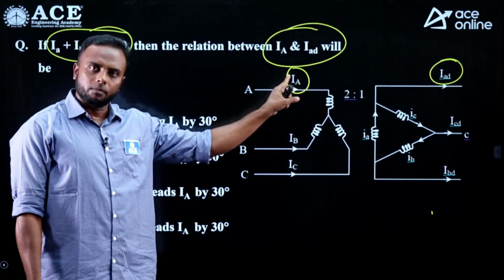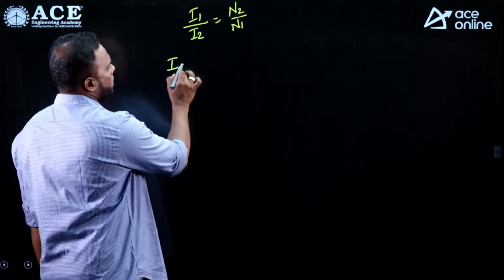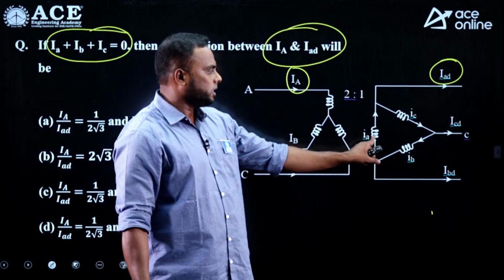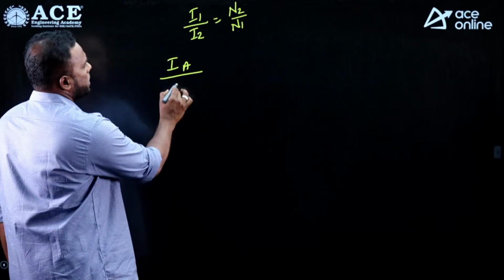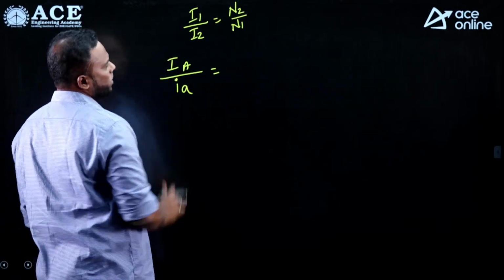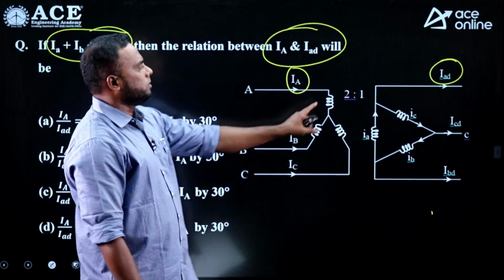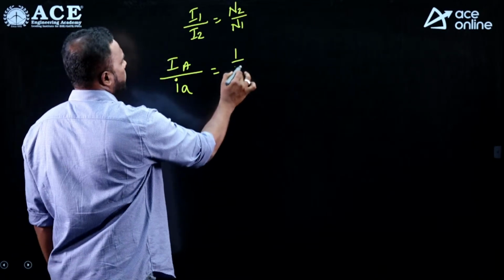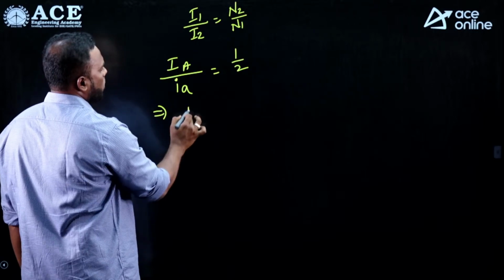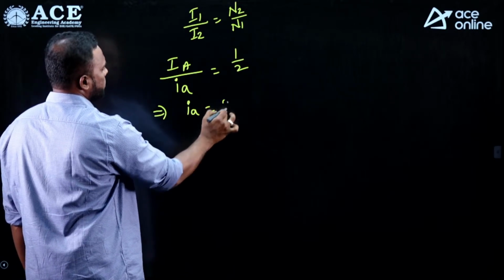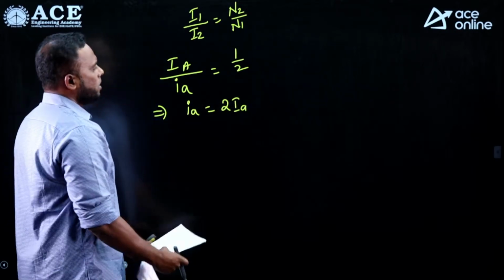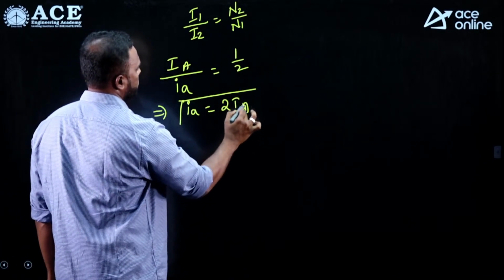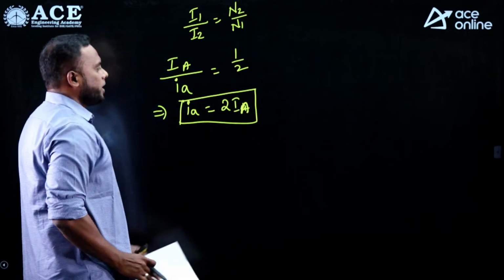Primary phase current is the same as line current, that is IA, divided by secondary phase current, small Ia. This equals N2 by N1. What is the turns ratio given? 2:1. So N2 by N1 is 1 by 2 here. Therefore, small Ia we will get as 2 IA. Small Ia is equal to 2 capital IA. This is the phase current ratio.